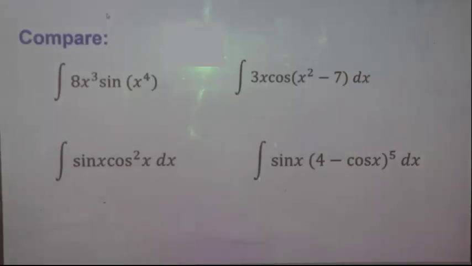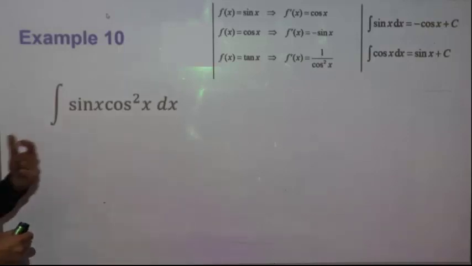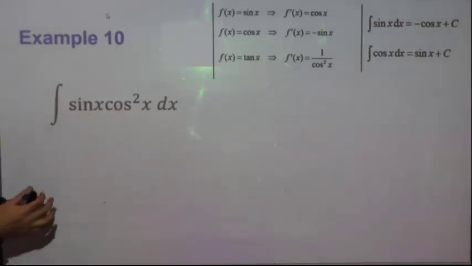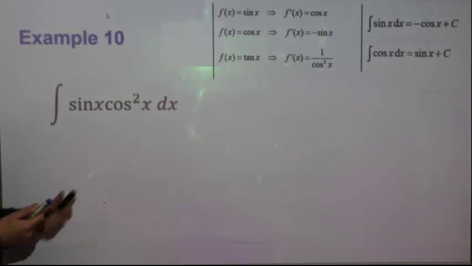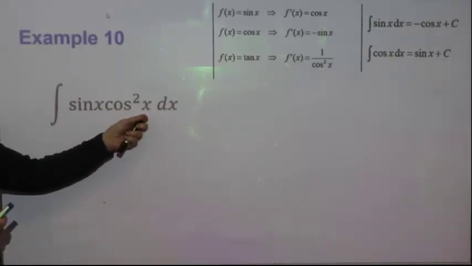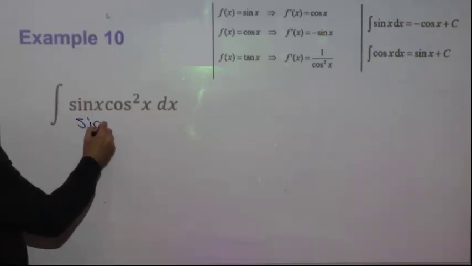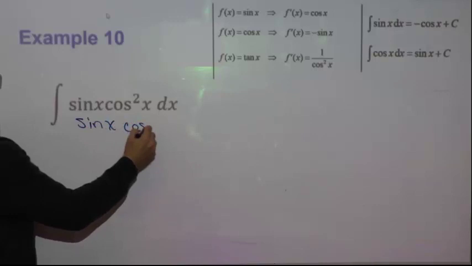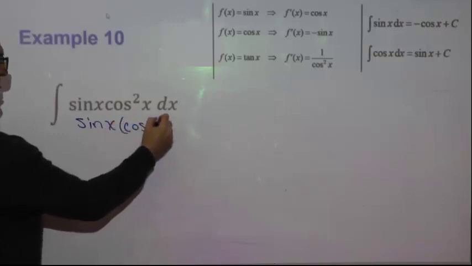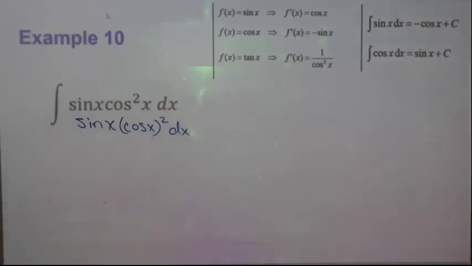So, if I now look at it individually, my u here is the cosine of x. And again, you can think of this as sine x cosine x squared dx.